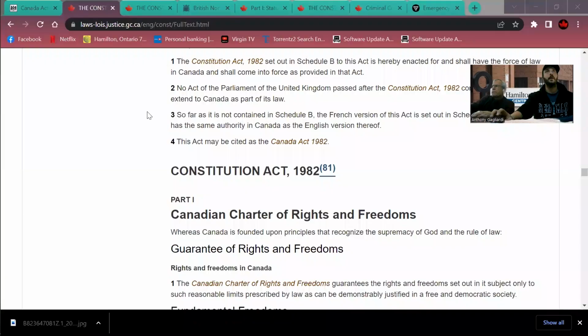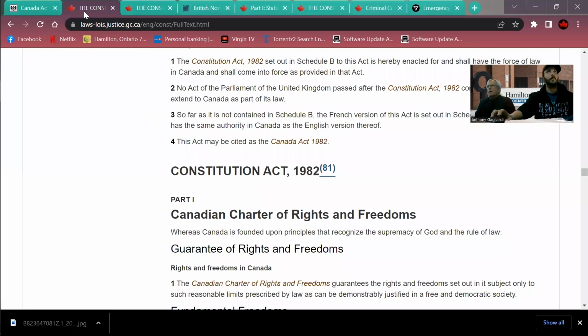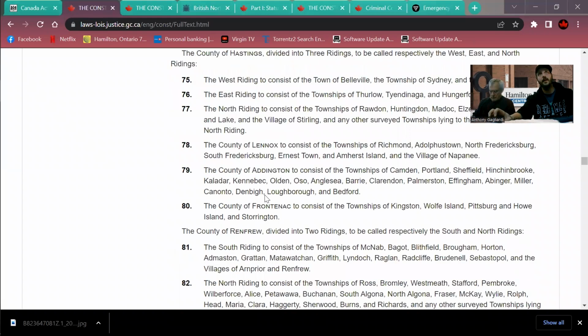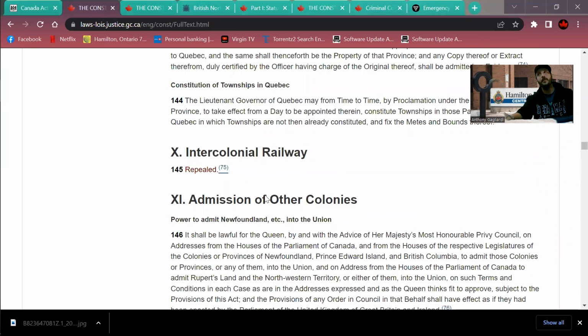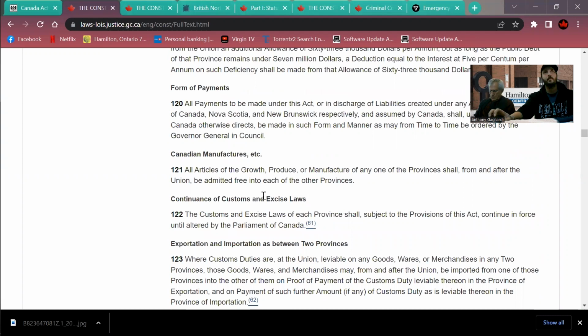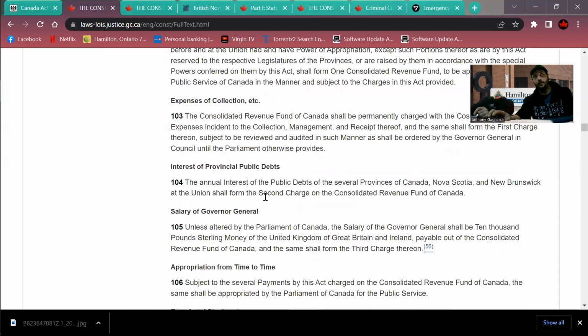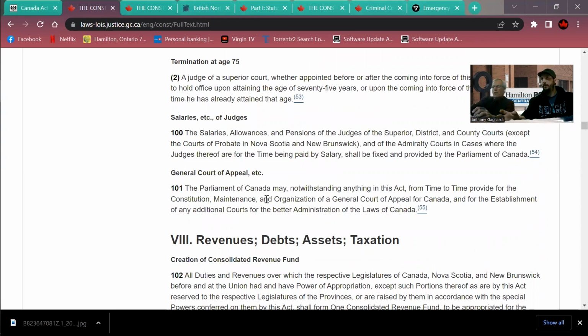Just give me one second here. There we go. We'll pull up the Constitution Act. So when we say Parliament, the duties of Parliament, realistically, Jack, what are they? Is it to protect Parliament and the Queen? Or is it more or less to protect the people?